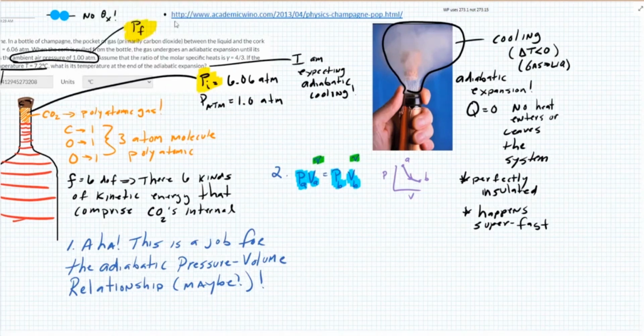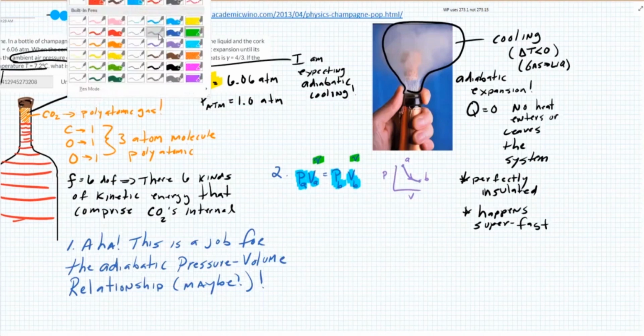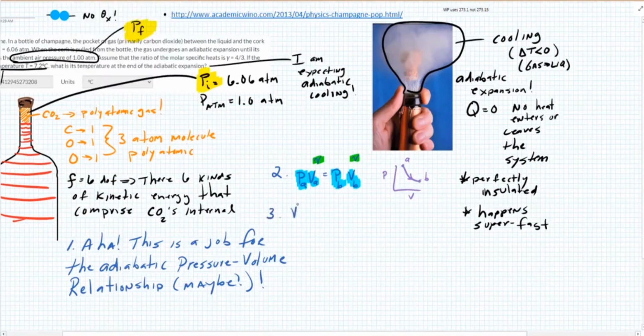So formal introductions are in order. Number 3, gamma. It's not V, it's the Greek letter gamma. Gamma is defined, this is a definition, as CP over CV, and you were introduced to CP and CV, and it has a name. This is the molar specific heat capacity ratio.